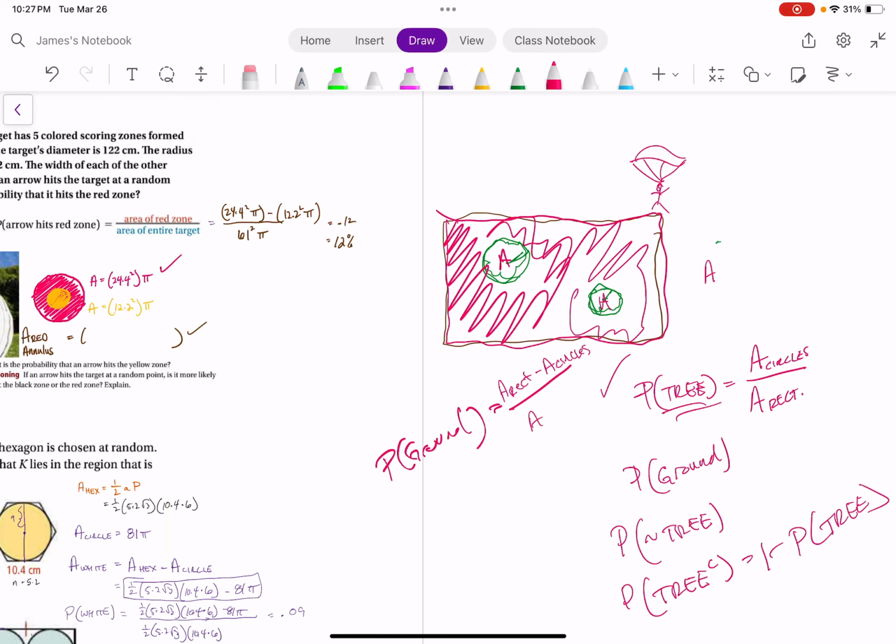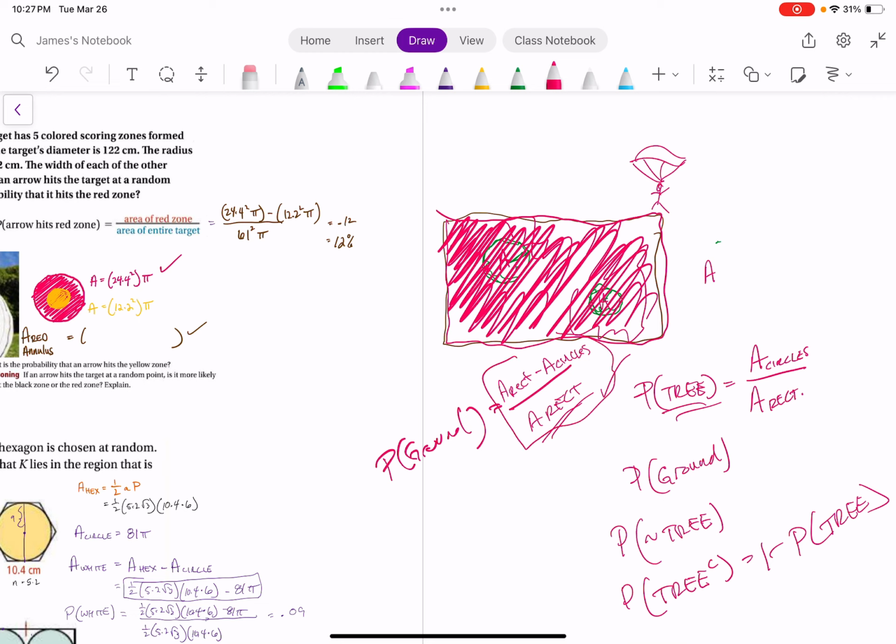And then we would divide by the area of the overall rectangle, which is including everything inside that rectangle, including the trees. So that would give me the probability of landing on the ground. And then if I had that, and I want to know the probability of landing in a tree, it would be 1 minus the probability of landing on the ground.